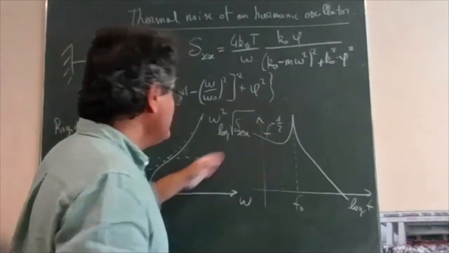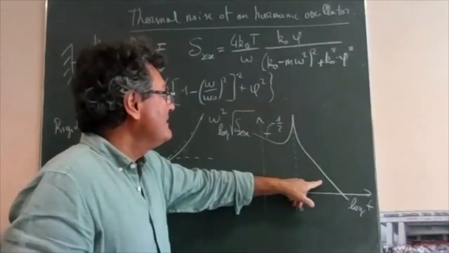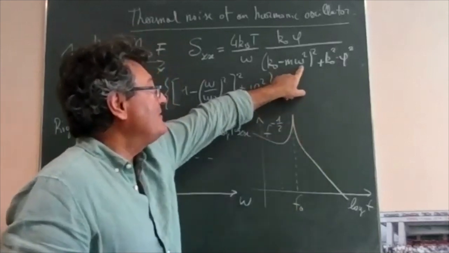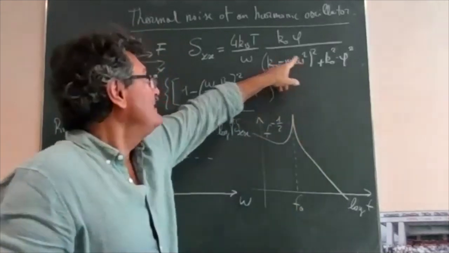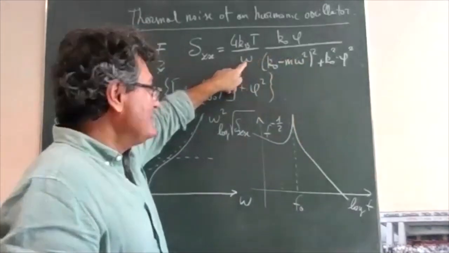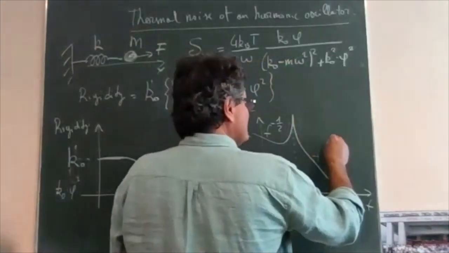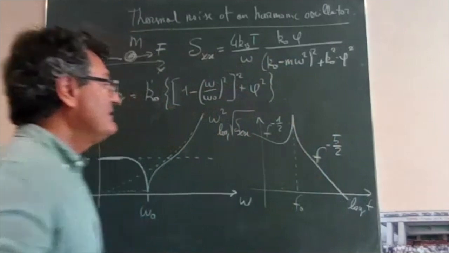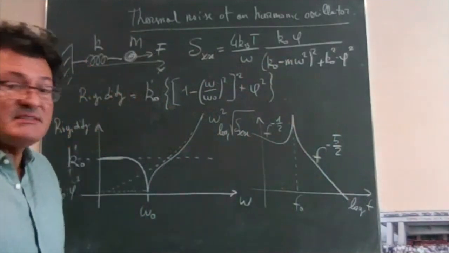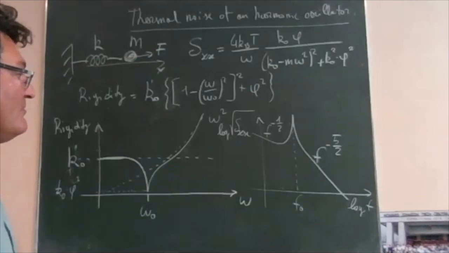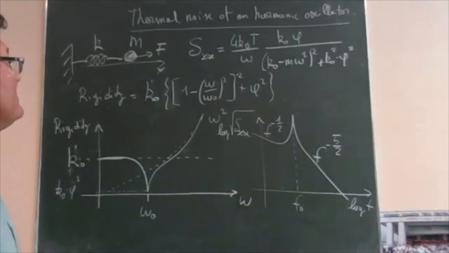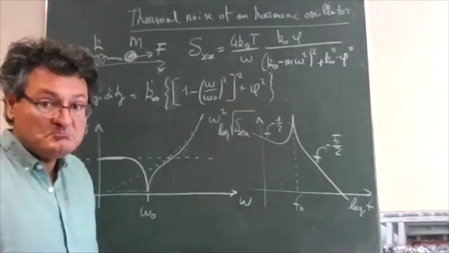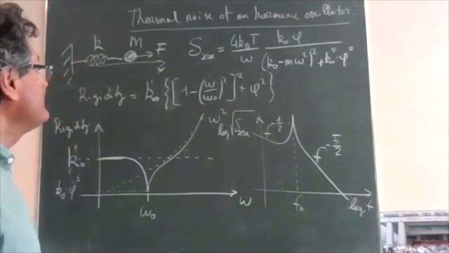And then for frequency above the resonance, look at the power of omega. This is omega to the 4th, omega to the 5th, square root. So this is f to the minus 5 over 2. Okay, and so this is the general behavior of the thermal noise of a simple harmonic oscillator. Okay, so this is quite good.